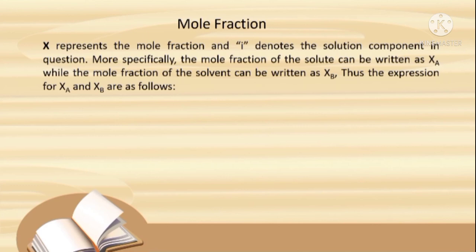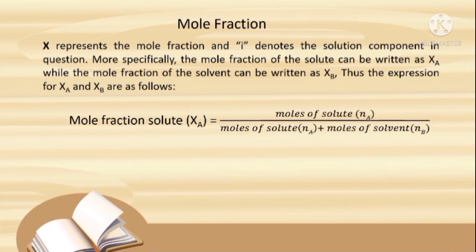More specifically, the mole fraction of the solute can be written as X sub A, while the mole fraction of solvent can be written as X sub B. Thus, the expressions for X sub A and X sub B are as follows. Mole fraction solute, that is X sub A, is equal to moles of solute, that is n sub A, divided by moles of solute plus moles of solvent.